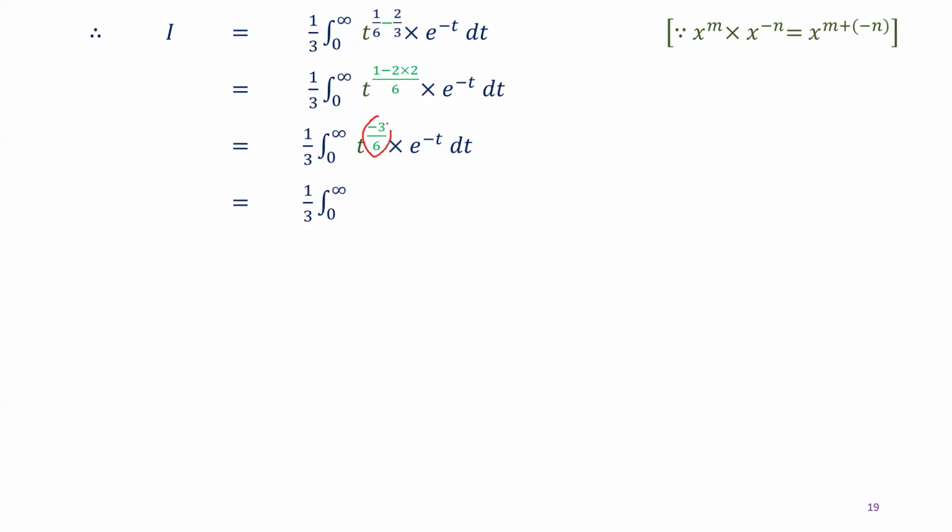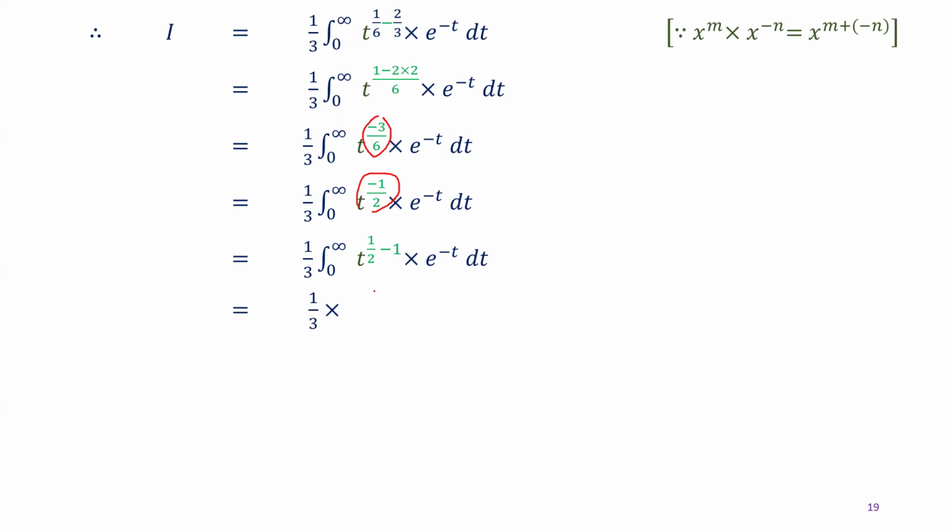This is what? It is minus 1 by 2, e to the power minus t dt. It can be written as t to the power 1 by 2 minus 1, which is nothing but minus 1 by 2, into e to the power minus t dt.